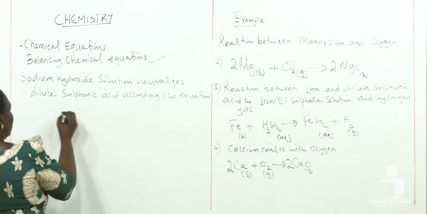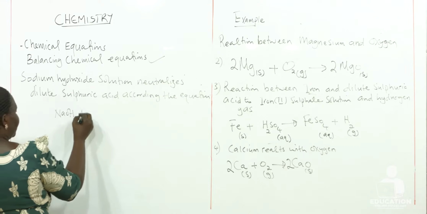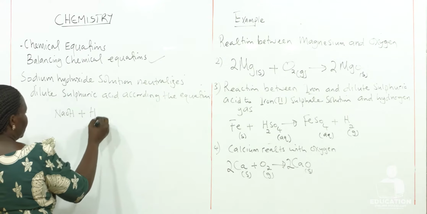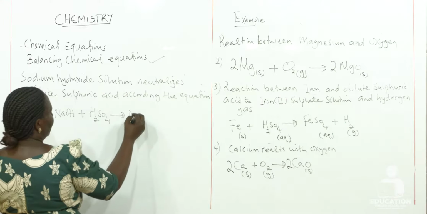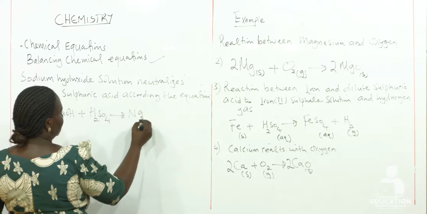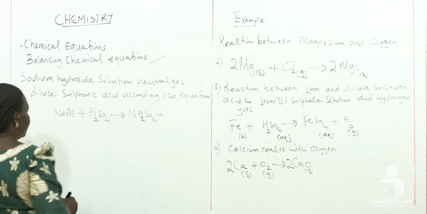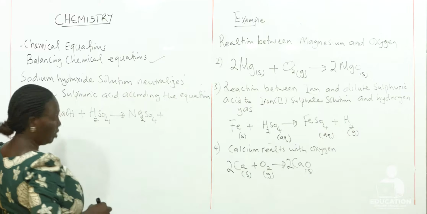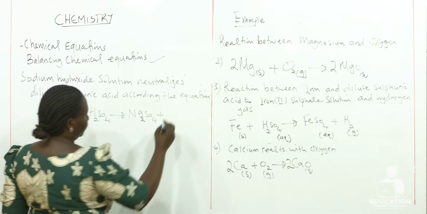So we have sodium hydroxide plus sulfuric acid giving us sodium sulfate plus water.